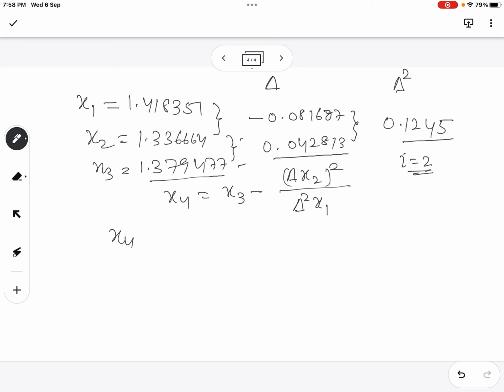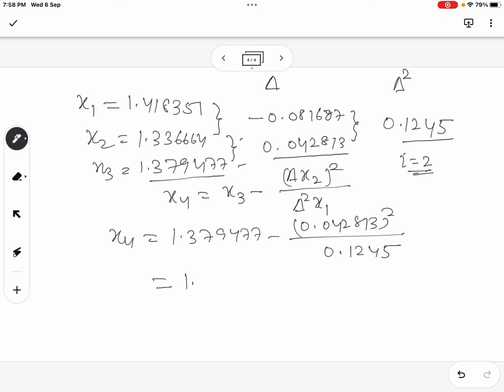Let us put these values. So my fourth approximation will be 1.379477 minus (0.042813) whole square by 0.1245, and if I solve it, it comes out to be 1.365.